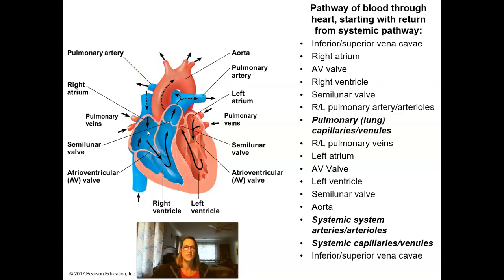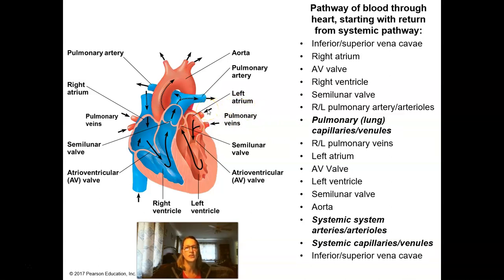The blood flows into the right atrium, goes through the right AV valve, the atrioventricular valve, into the right ventricle, and then it gets pumped through the semilunar valve out into the pulmonary arteries. From the pulmonary arteries, they go to arterioles, then into the lung capillaries, where the blood is oxygenated and the carbon dioxide is released. And then it's going to come back in through venules and into the pulmonary veins.